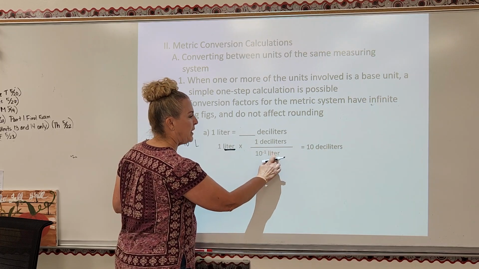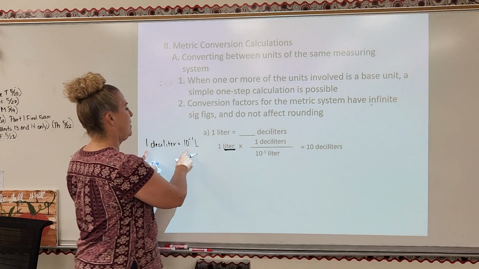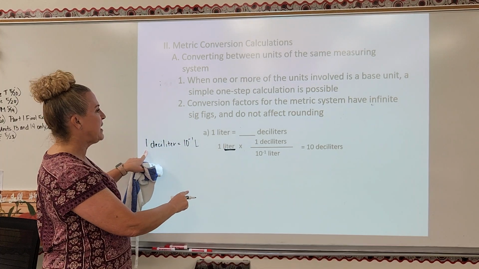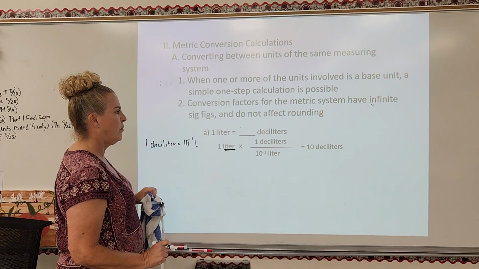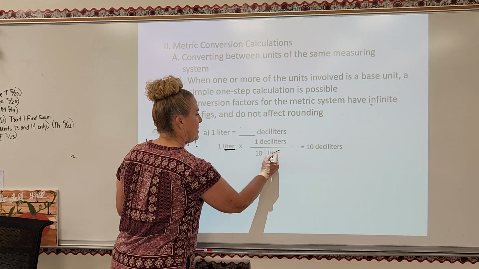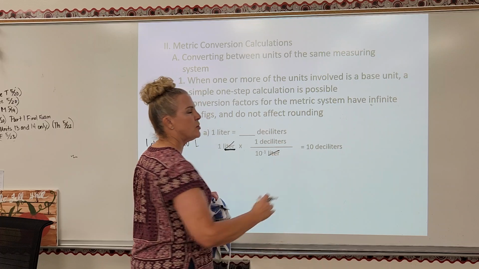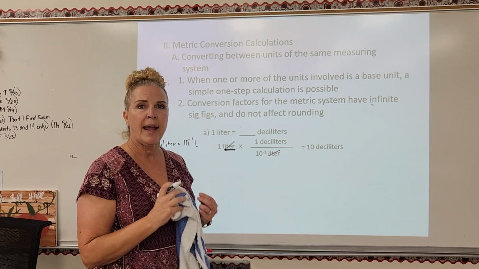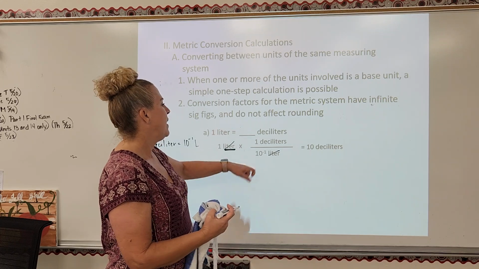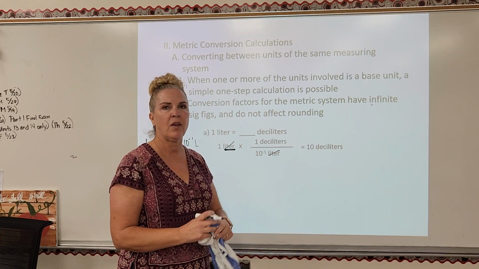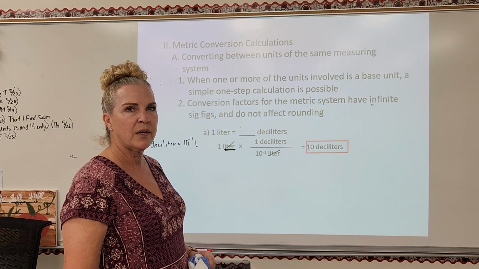And so I put liters downstairs and I put deciliters upstairs first, and then I add in my numbers. Where there's a deciliter, I write 1. Where there's a liter, I write 10 to the minus 1. And so I then can cancel the like units, and it leaves me with deciliters, which is a signal that I have answered the question, and it's time for me to do my math. So I take 1 times 10 to the minus 1, and it's going to give me 10 deciliters, which we will box out.